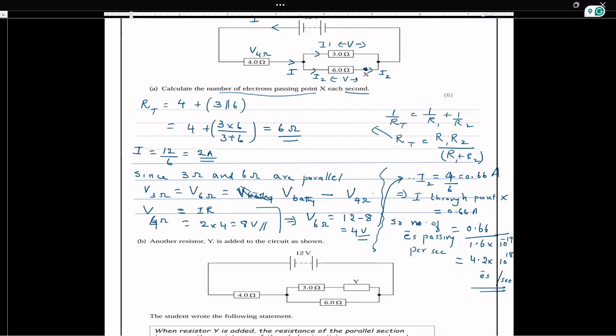Therefore from that we are calculating how many electrons are passing. That is why we are dividing that by the charge of an electron.